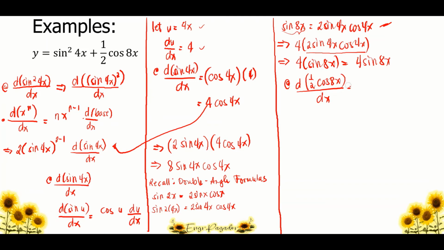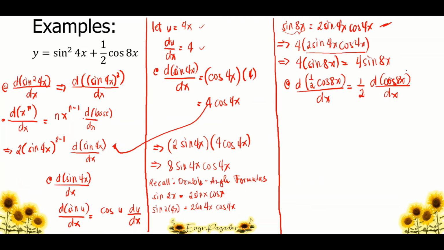So, if we rewrite our equation, it becomes 1/2 times the derivative of cosine 8x with respect to x.